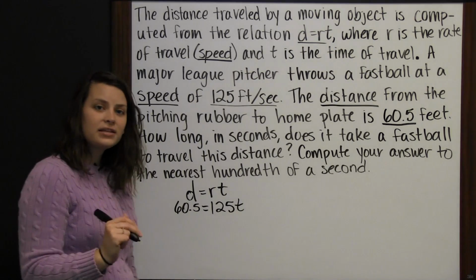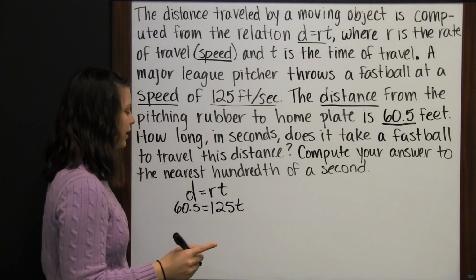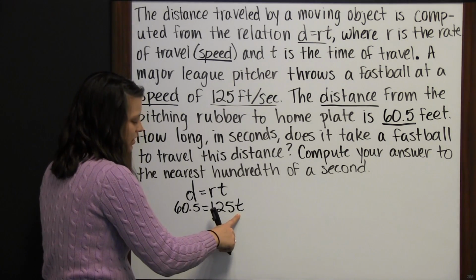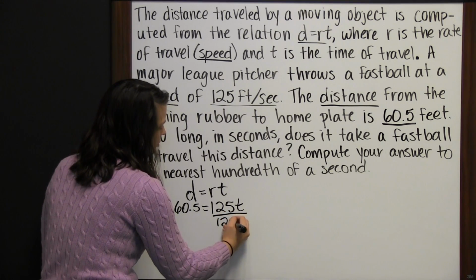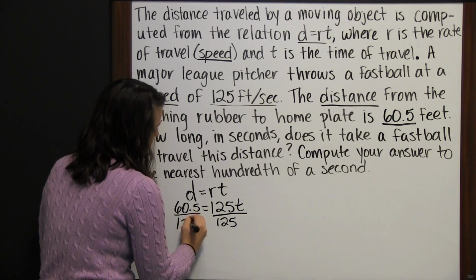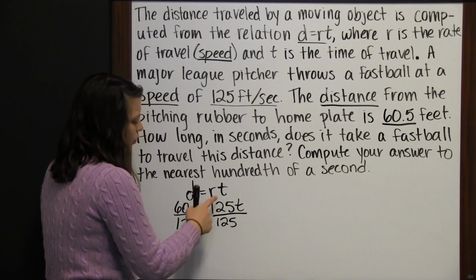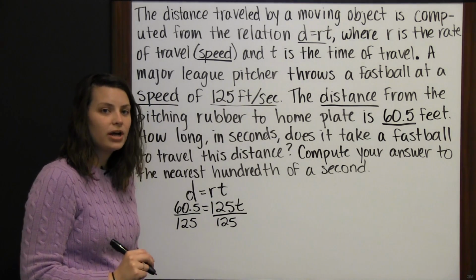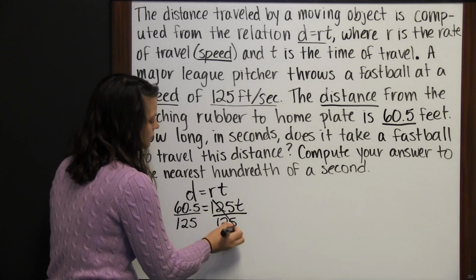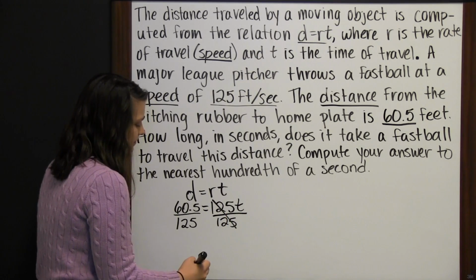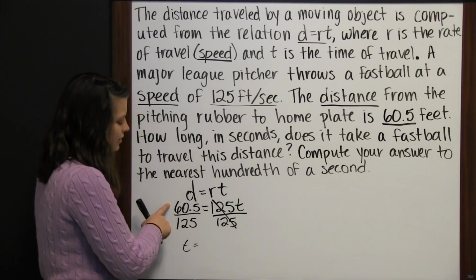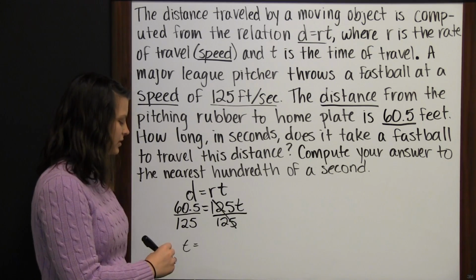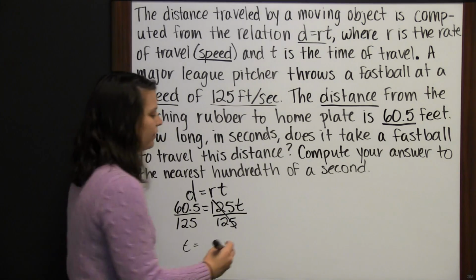So in order to find t, to find time, we need to solve for t by dividing both sides by 125. 125 divided by 125 is 1, times t is t. So to find our answer, we need to divide 60 and 5/10 by 125.